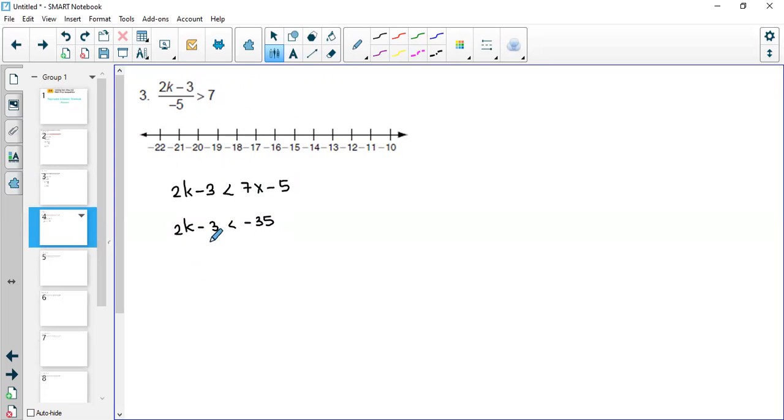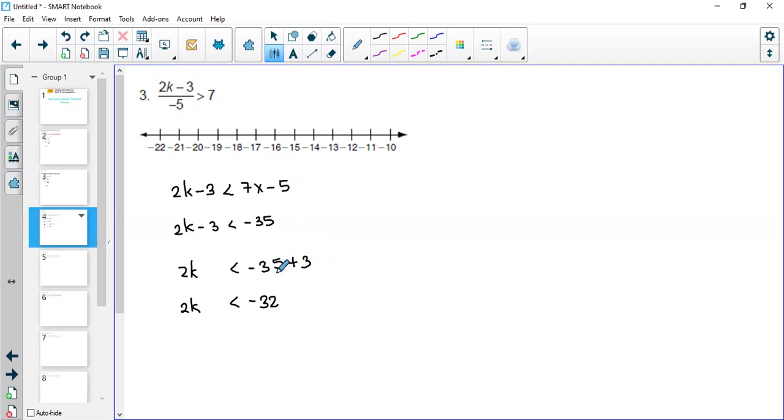Right. So what's the next thing? We have to remove this negative 3 from here and put it to the other side. What happens when you move the negative 3 to the other side? That becomes a positive 3, right? So that will leave you with 2k is less than negative 32, because negative 35 plus 3, one is negative, one is positive.